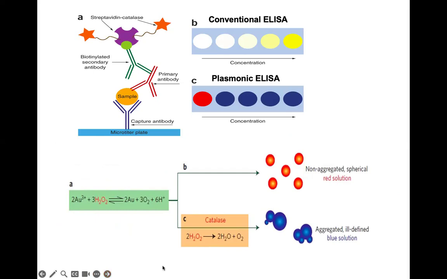So you can see here the blue color and the red color. Blue confirms positive and red is negative. Negative means there is no tuberculosis mycobacterium in the sample.